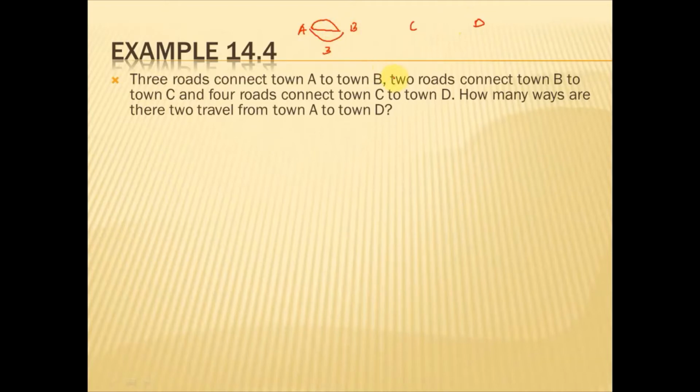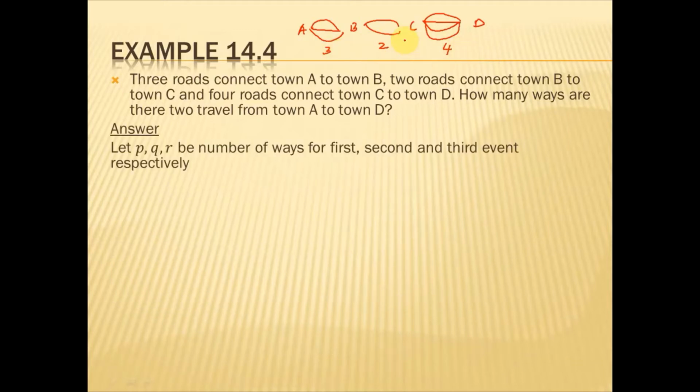From B to C there are 2 roads, 1, 2. From C to D there are 4 roads, 1, 2, 3, 4. Okay, how many ways to travel from A to D? So we have to go through everything. Actually it's 3 times 2 times 4.